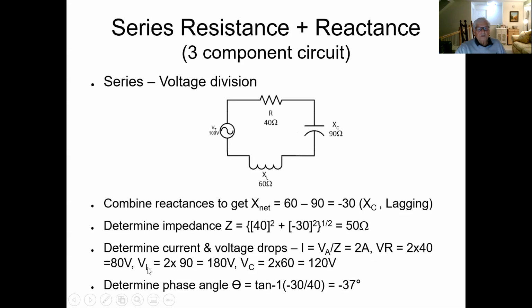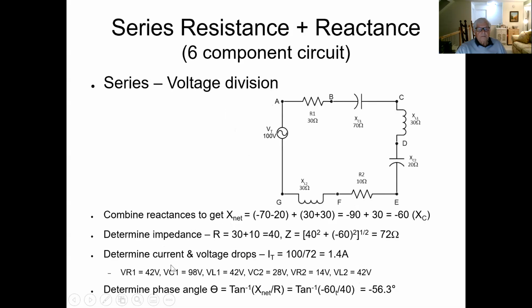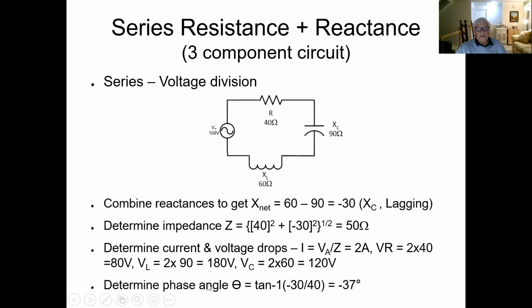This should be VC, 2 times 90 is the voltage across the capacitance, and this 120 is across the inductance. I have these backwards. So the phase angle then is minus 30 over 40, okay? Minus 30 over 40 gives us a minus 37 degrees.